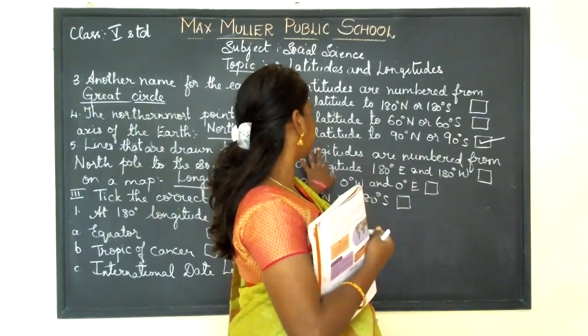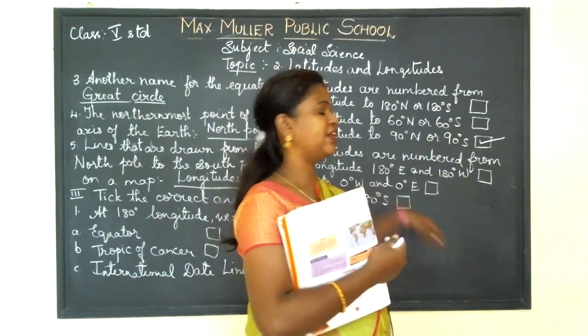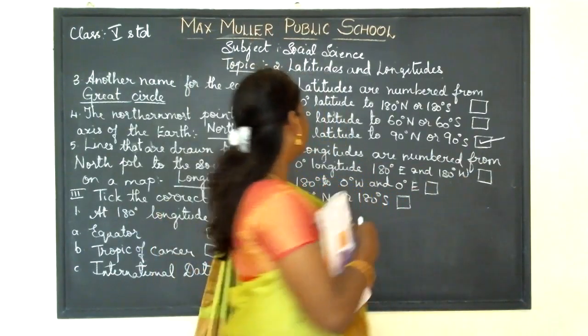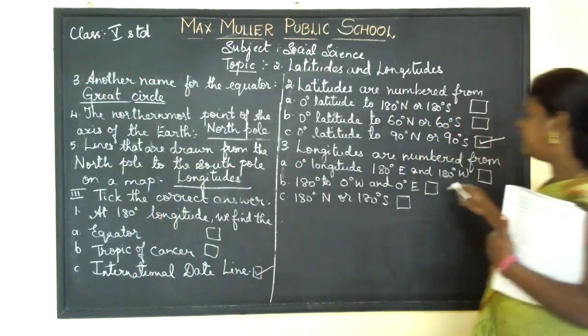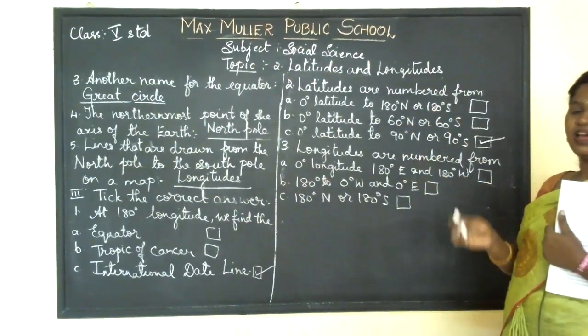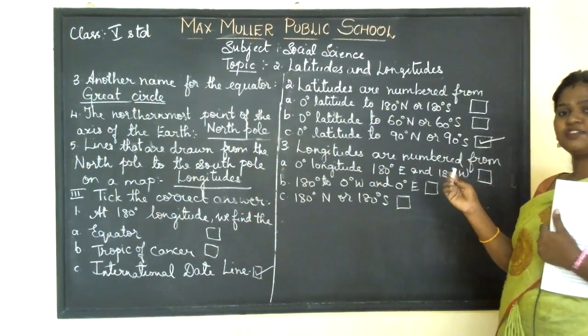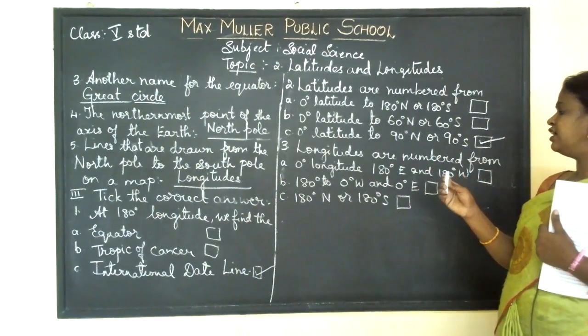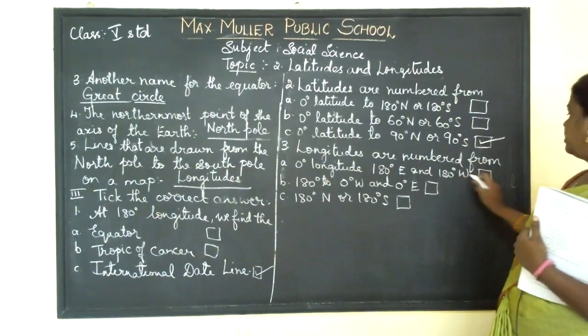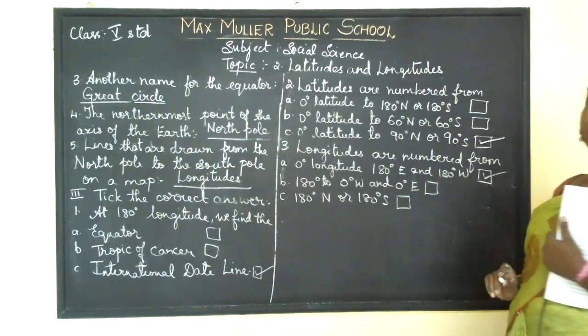Yes, the correct option will be 0° longitude, 180° east or 180° west. So here the longitudes are numbered from 0° longitude to 180° east, that is the eastern hemisphere, and where the longitude extends from 180° to 0° west, it will be the western hemisphere. So the answer will be A.